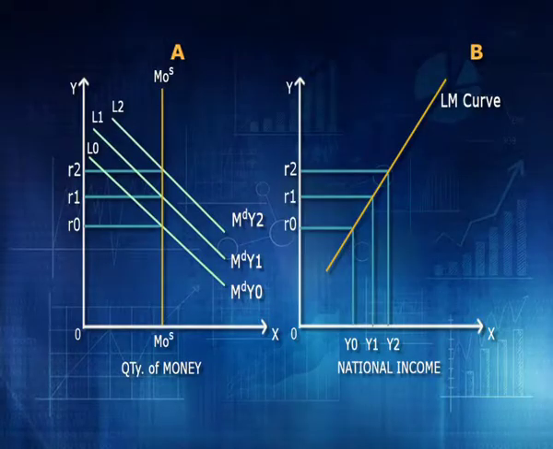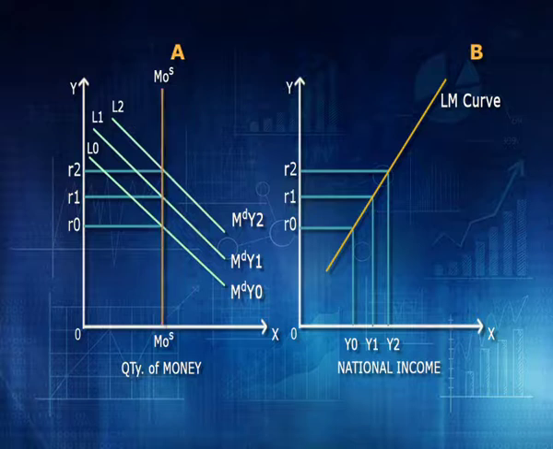In part A of this figure, L0 is the demand curve for money at Y0 income level. When the level of income rises from Y0 to Y1 and further to Y2, the demand for money shifts to L1 and further to L2. Money supply is the supply curve of money, which is a vertical straight line.